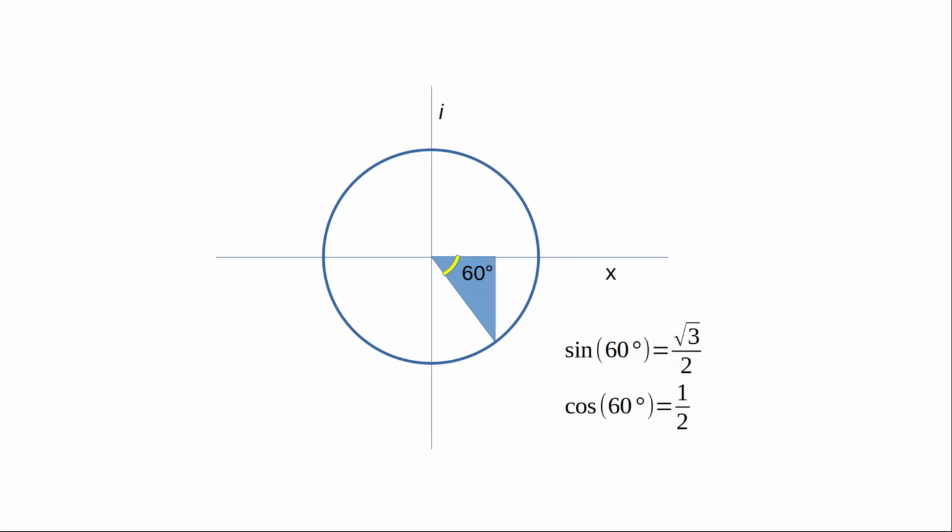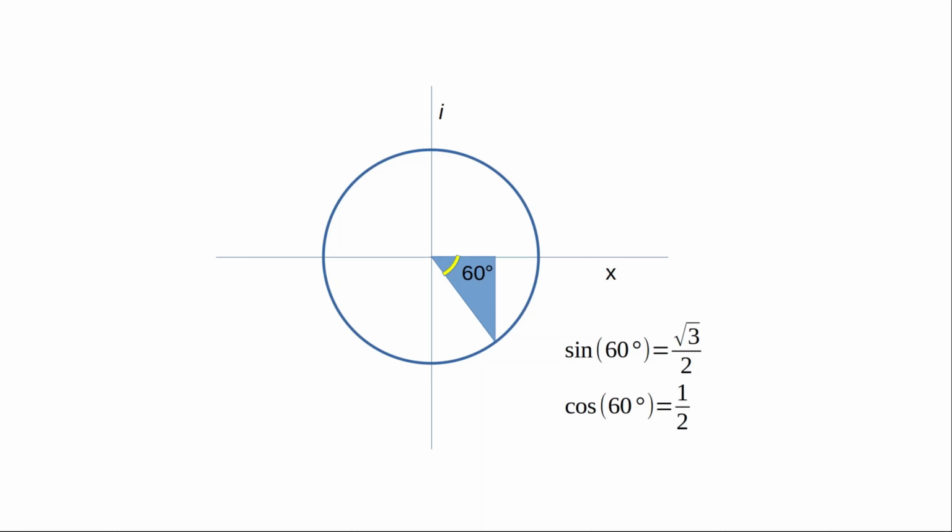Now we could use the sine and cosine of 300 degrees, but it's just as easy to use a 60-degree angle and remember that it's in the fourth quadrant, so we have to be careful with the sign of the result. So the sine of 60 degrees again is radical 3 over 2, and the cosine of 60 degrees is 1/2. Now we're in the fourth quadrant.